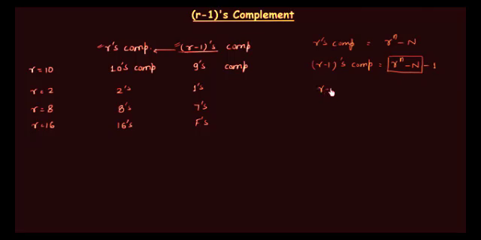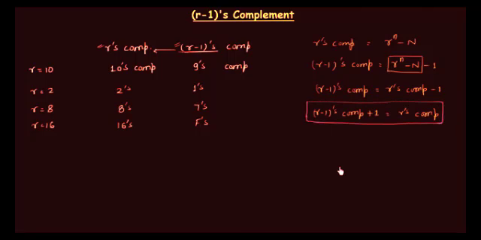So we have r-1's complement equals r's complement minus 1. If I add 1 on both sides, I will have r-1's complement plus 1 equals r's complement. This result is very important, the most important result in this presentation. Once we have r-1's complement, we can add 1 to it and we will have r's complement.